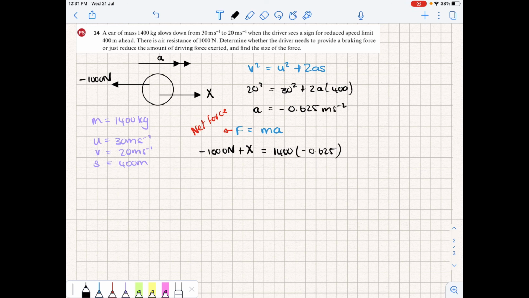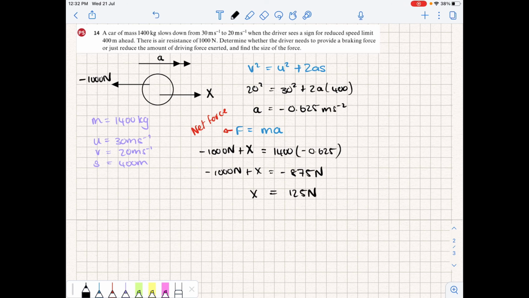Okay. This is going to give me minus 1,000 newtons plus x equal to, well, we can punch into our calculators, 1,400 times negative 0.625, and that's going to give me minus 875 newtons. Right, to solve for x, we're going to move the 1,000 over to the other side, and I'm going to get x equal to 125 newtons. Okay.